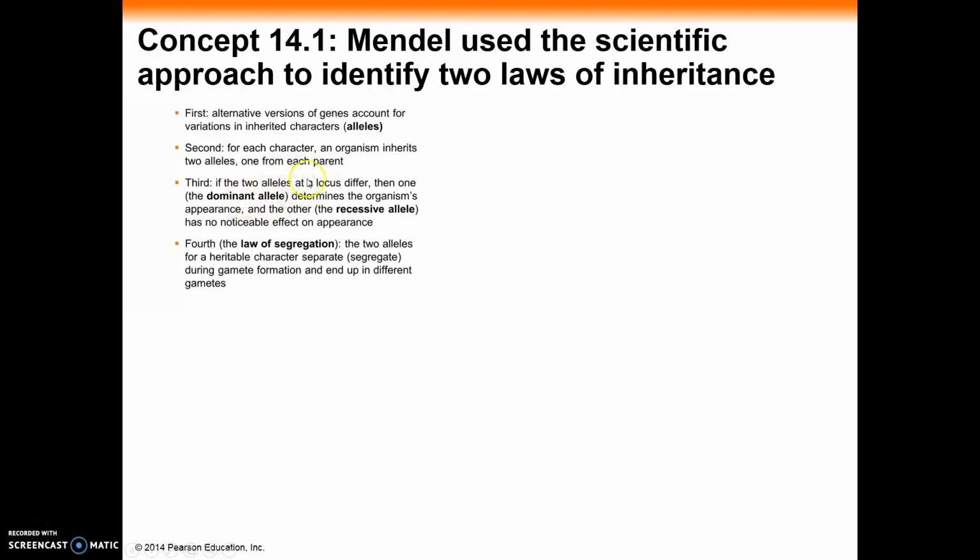If you get a difference of alleles from different parents, one will tend to be dominant and determine the organism's appearance. The other will tend to be recessive. And then we have the law of segregation. So when you produce gametes, you can only give one version.